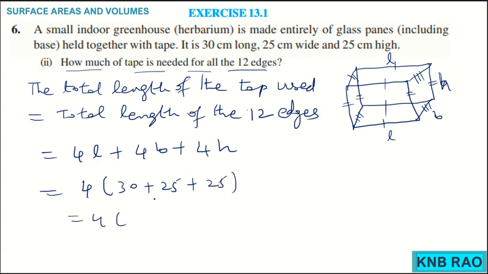So, 4 times of 30 plus 25 plus 25 is 80, and 4 times 80 is 320 centimeter of tape we require. Okay. So, this is how we find the solution for this question. Coming to question number 7.